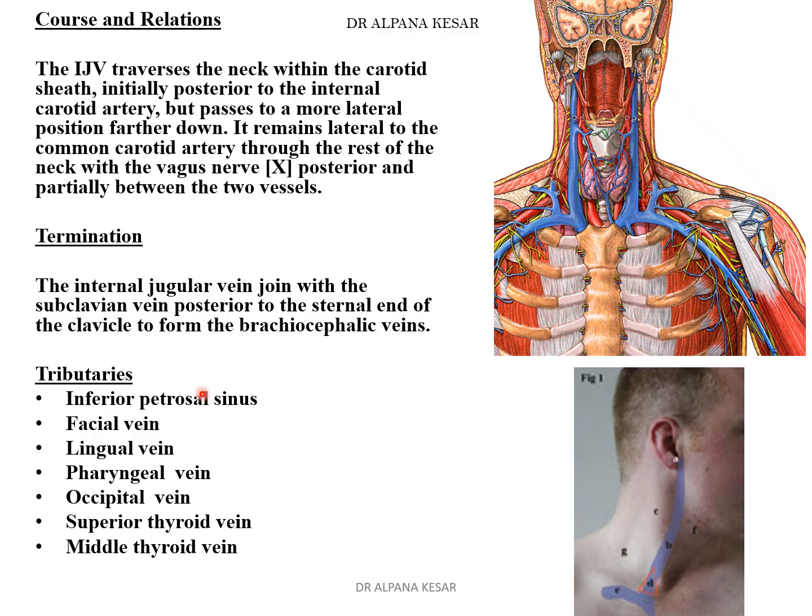Tributaries of internal jugular vein are inferior petrosal sinus, facial vein, lingual vein, pharyngeal vein, occipital vein, superior thyroid, and middle thyroid veins.